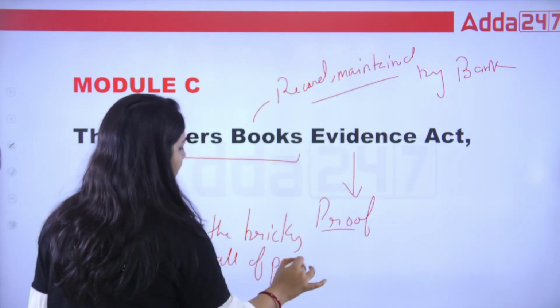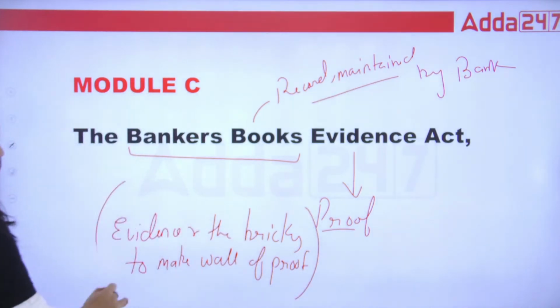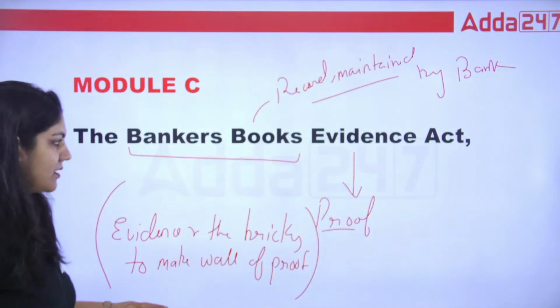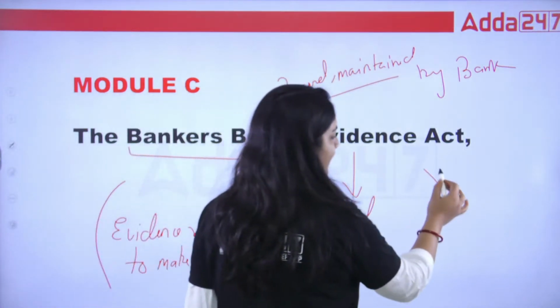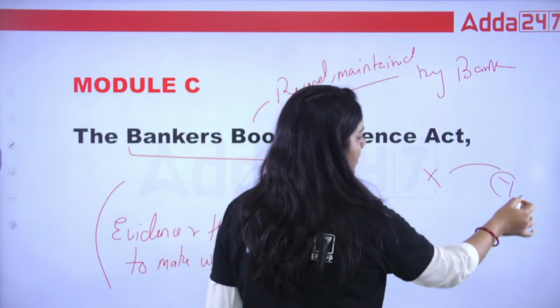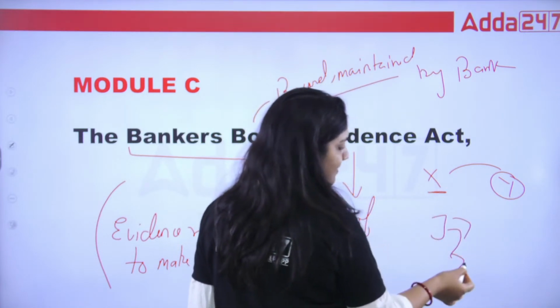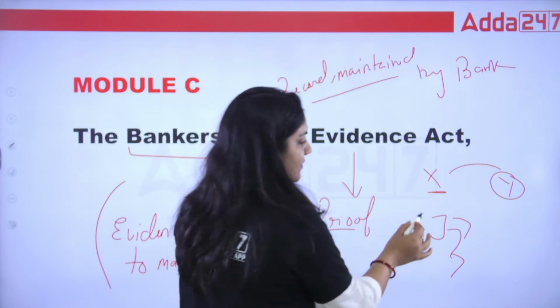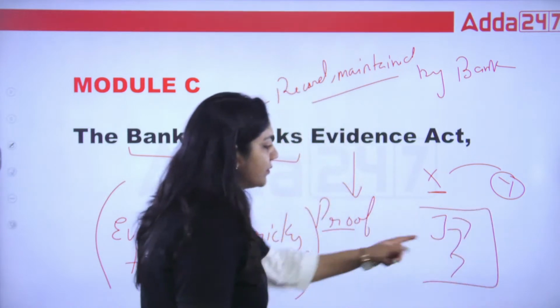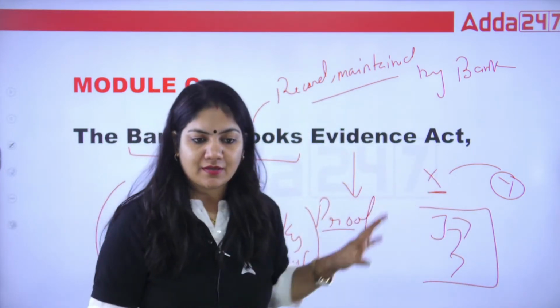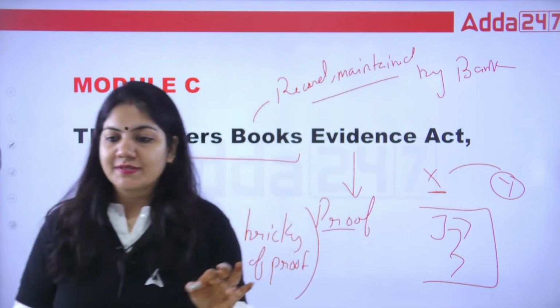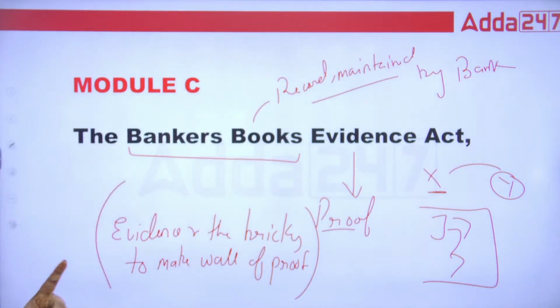This is the exact definition of the term evidence. Suppose person X has done a wrongful act, so these are the evidence that we present in front of the court, which prove that X has committed the crime. This is the basic difference between evidence and proof.